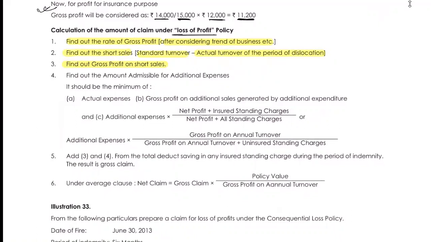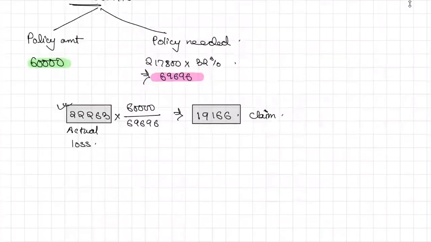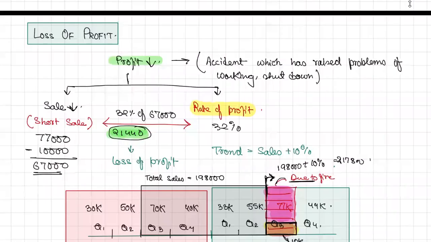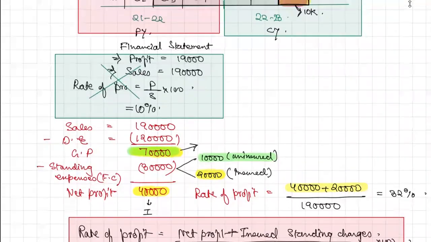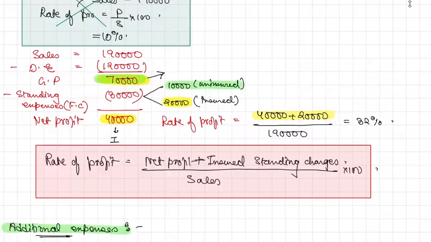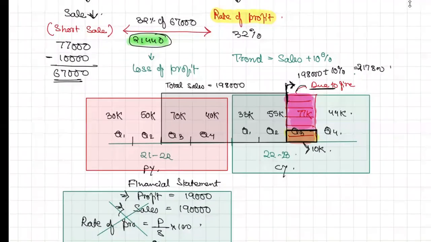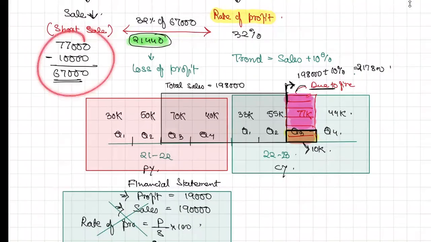See, let me open that as well. See, at first we calculated the gross profit. We calculated our gross profit portion, correct? Then we calculated our short sales. How? Kitna hona chahiye tha? See, if the same quarter in the previous year has 70,000 and 10% trend is there, then 77K should have been done, correct? And suppose from that you are able to do only 10K. So what is your short sales? 67,000. Your rate we calculated 32%.